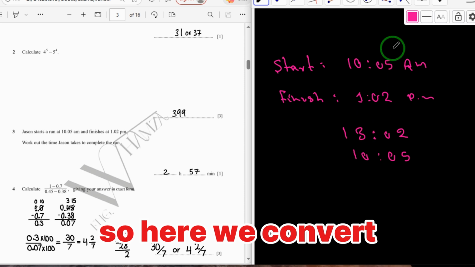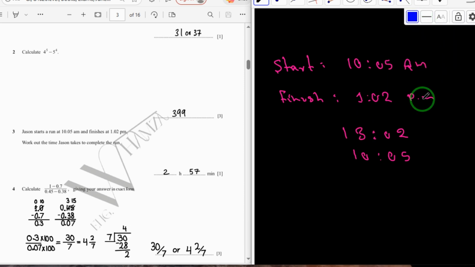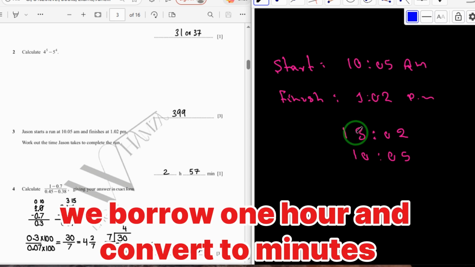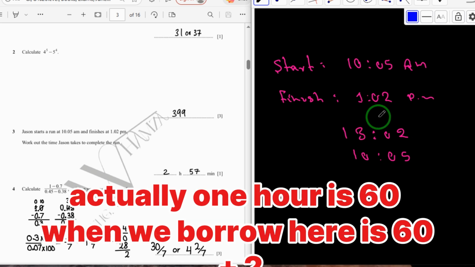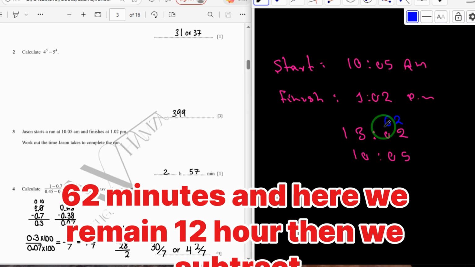So here we borrow 1 hour and convert it to minutes. 1 hour is 60. When we borrow here it is 60 plus 2, 62 minutes. And here we remain 12 hours.